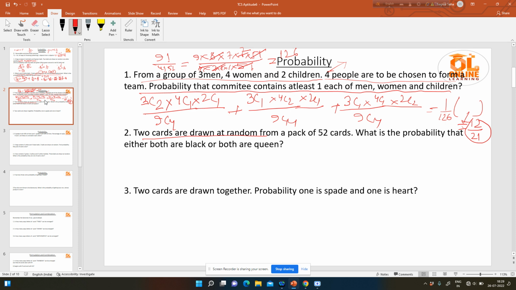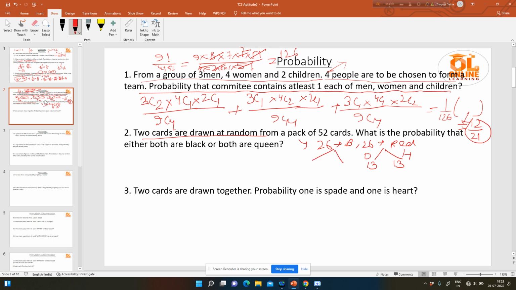In a card question, we need to know that we have 26 black cards and 26 red cards. In red, we have 13 diamond cards and 13 heart cards.